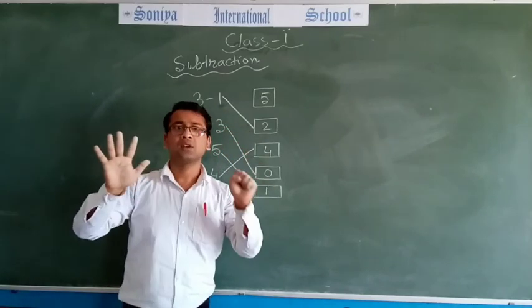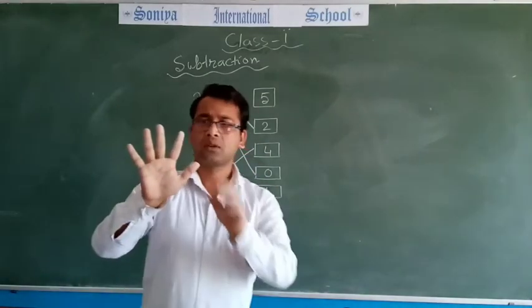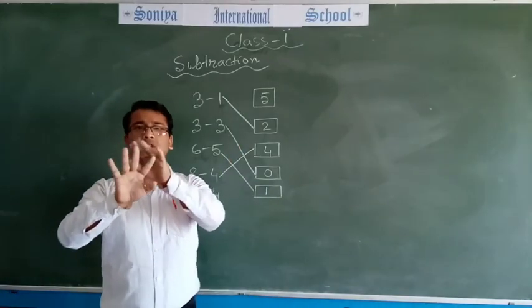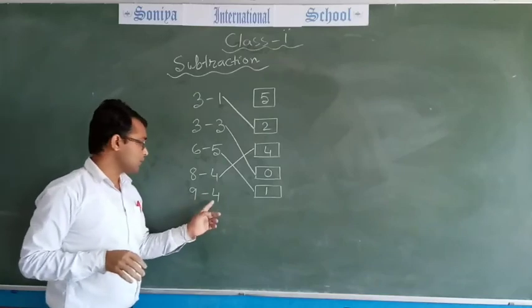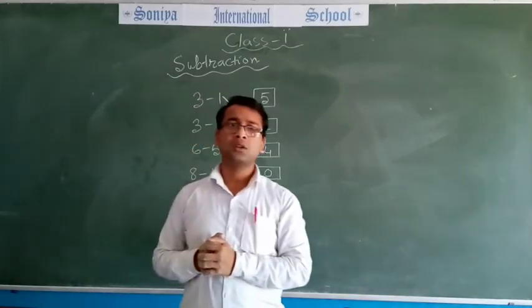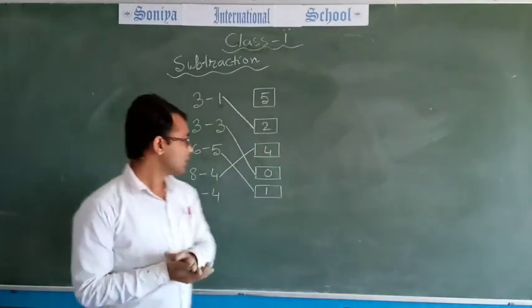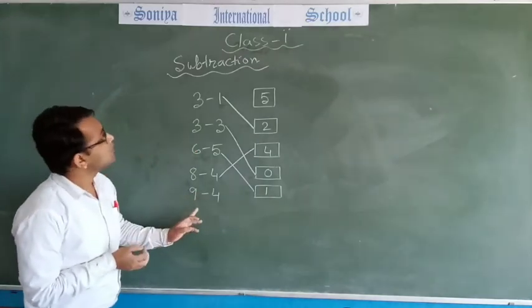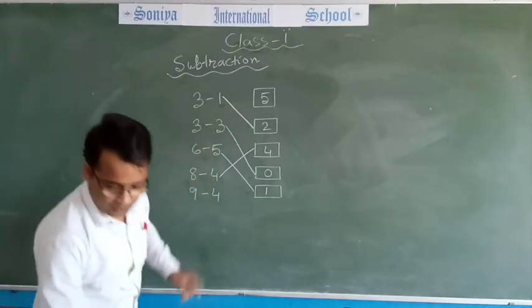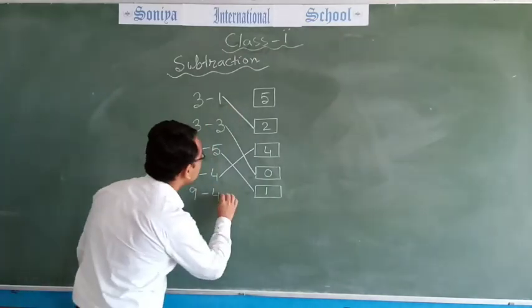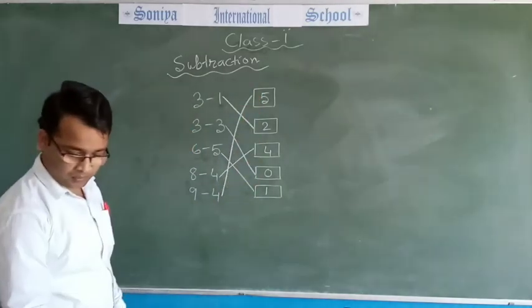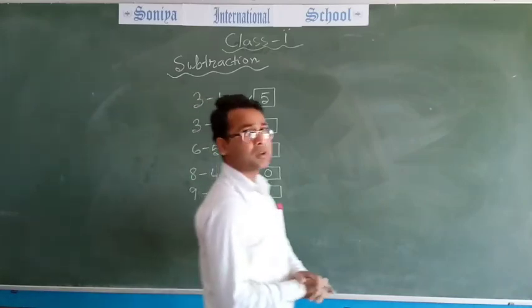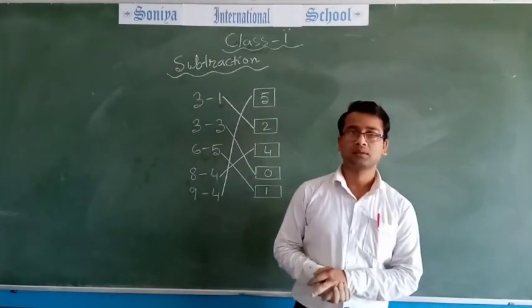How many fingers left with me? 1, 2, 3, 4, 5. 9 minus 4 is equal to 5. Then match this one 5. Is that clear? Yes.